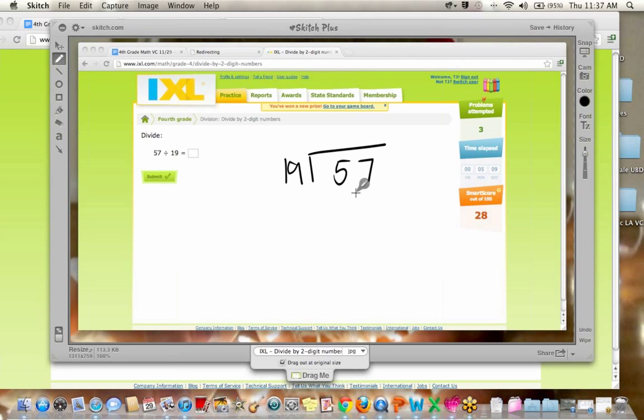And pretend this is a 60 because it almost is. And then I would say 20 plus 20, that's 40. Plus another 20, that's 60. So 20 plus 20 plus 20, that's pretty close. So why don't I try a 3?